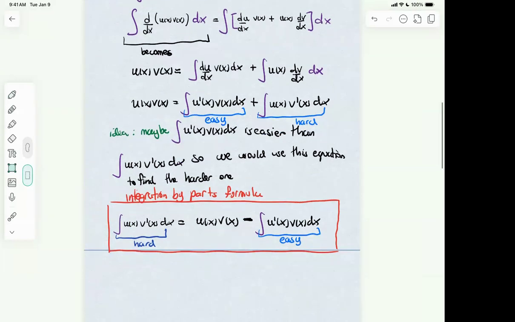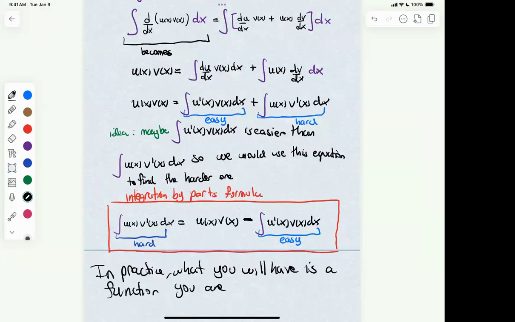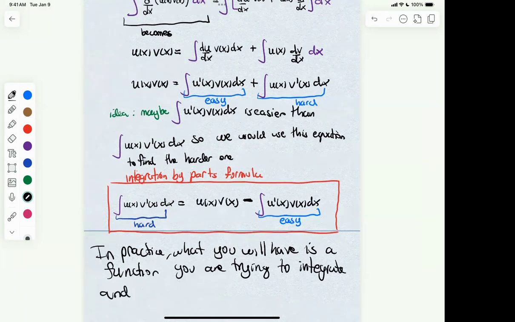So you want to write it as a product of a function and a derivative.